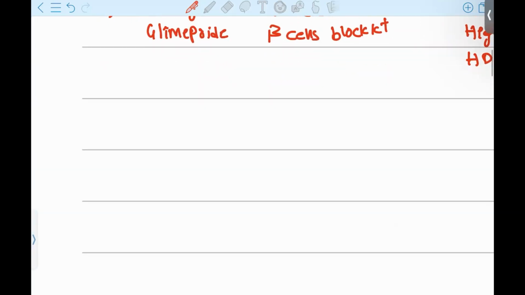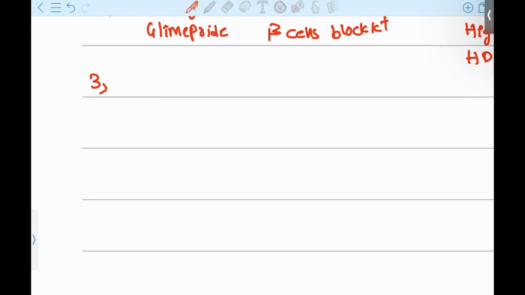Another classification is the DPP4 inhibitors, and you may also have heard of GLP-1 agonists. These are commonly used and very important drugs for our examination. DPP4 inhibitors include sitagliptin; all drugs whose names end with gliptin belong to the DPP4 inhibitors.